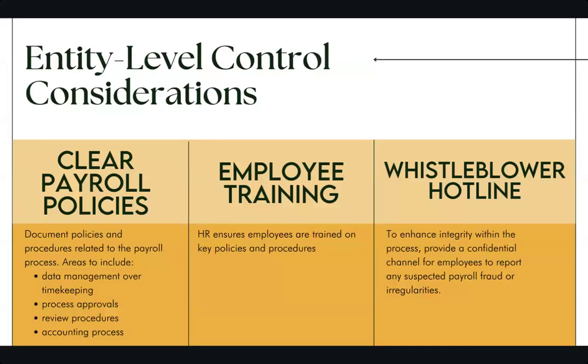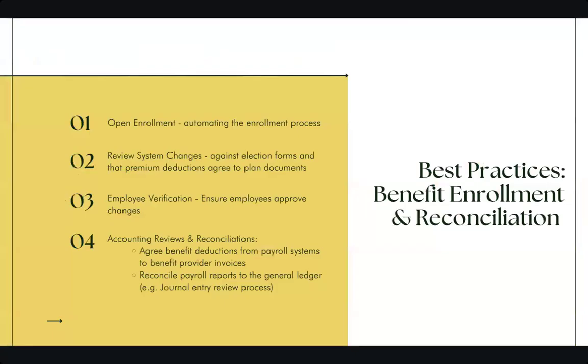So if a supervisor is within a payroll process, and there's an opportunity for fraud to exist, there should be a specific whistleblower policy implemented that allows a subordinate employee to be able to elevate their concerns without retaliation. So that's what the whistleblower hotline internal control is.